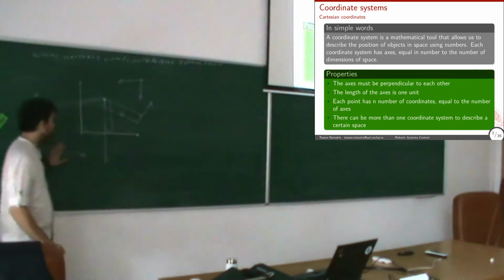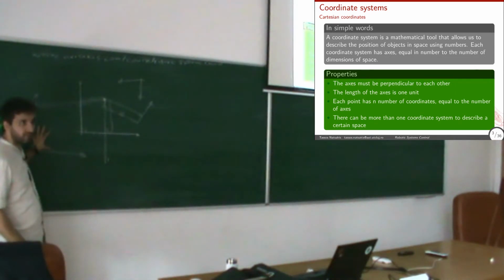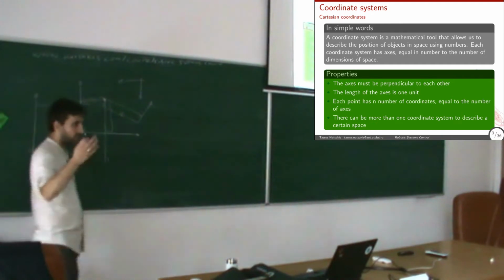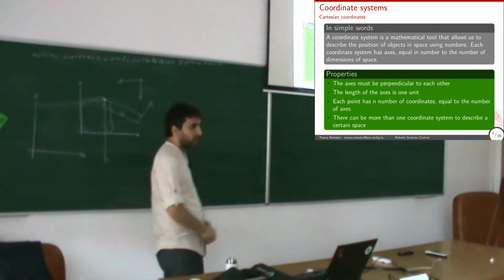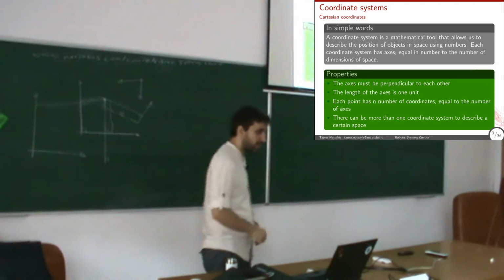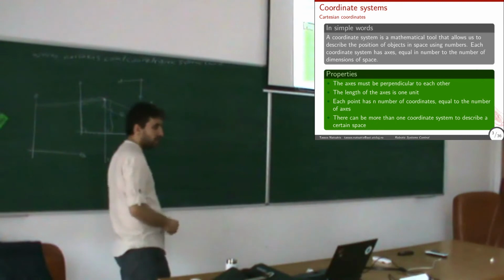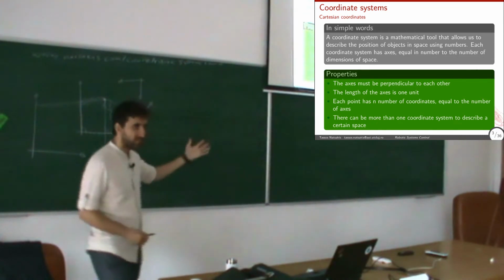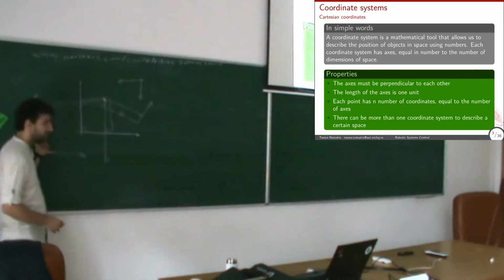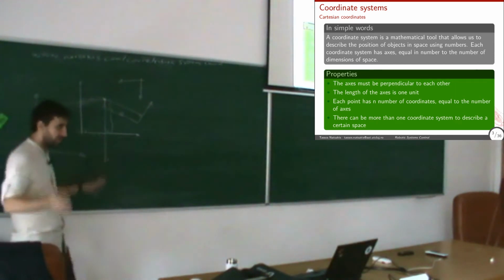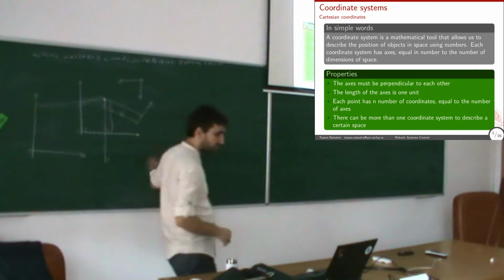As I tried to explain here, in 2 dimensions we have two axes and therefore 2 coordinates. In 3 we have 3 axes and 3 coordinates. In 4 dimensions, difficult to imagine, but it's possible, we would have 4 coordinates. And the properties are that the axes must be perpendicular to each other. If we have 5 axes, each one has to be perpendicular with all the rest. If we have 2, the same.